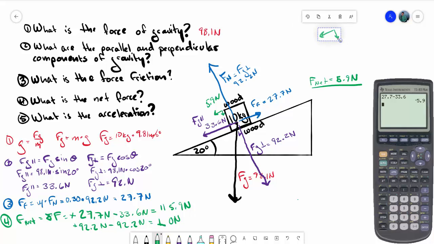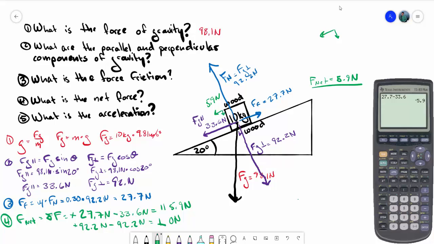You can rearrange it this way. And then you can use the Pythagorean theorem to find the resultant of a triangle with side A, side B, and side C, because these would make a right angle. But I've never seen a Regents level question where you would have to do this. So chances are your F net will be equal to the sum of the parallel forces, 5.9 newtons.